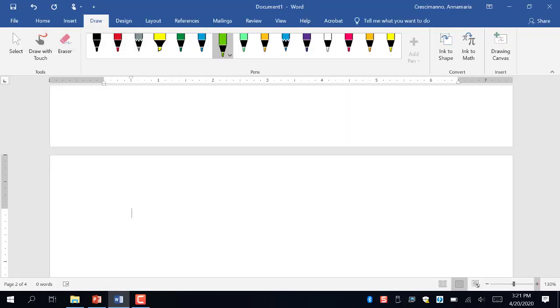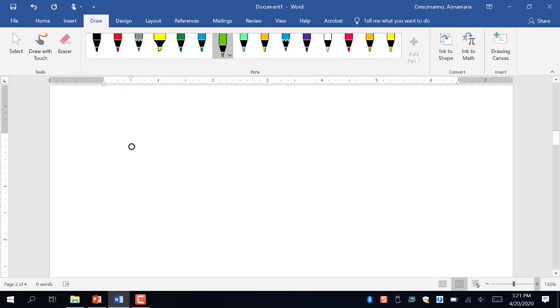Okay, jumping back here, we are going to work on drawing our femur. So again, most of the time we're going to look at the posterior side of our femur. Starting with the head.